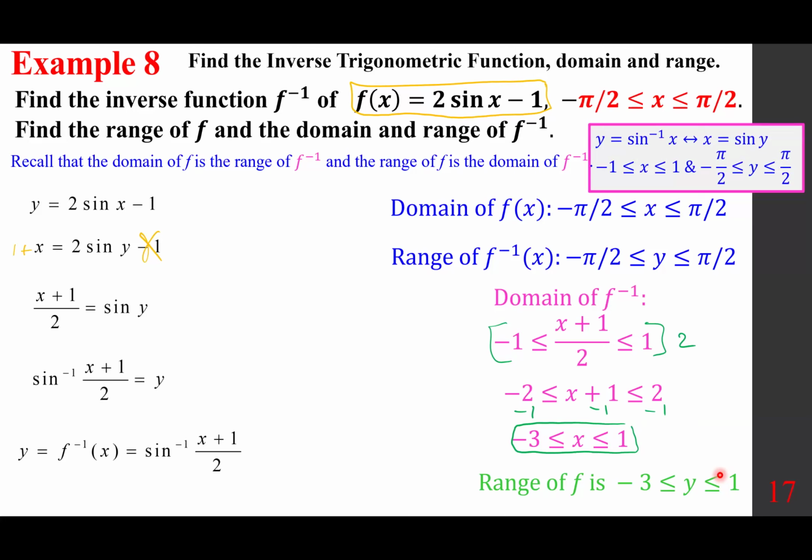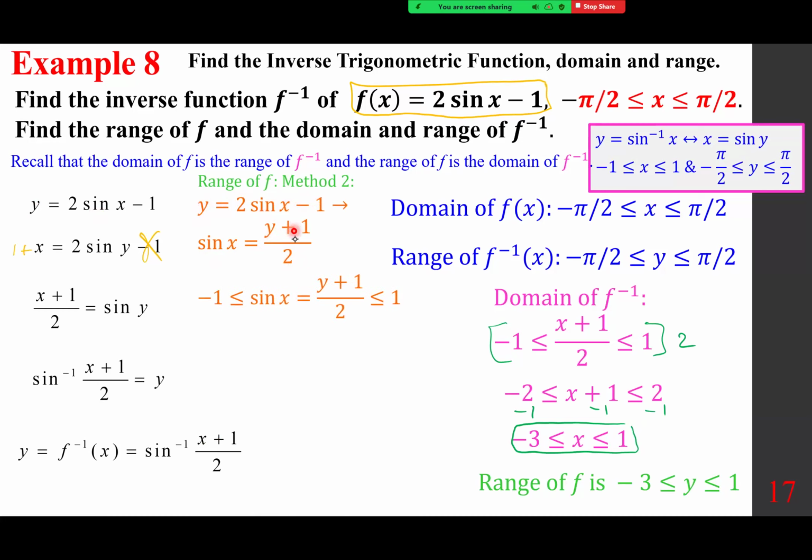Here's the second method. Going back here, if we solve for sine, meaning take the minus 1 to the other side, becomes y plus 1 divided by 2. I'm hoping from here to here is not a problem. And sine must be between minus 1 and 1, right? So that means this expression must be between minus 1 and 1.